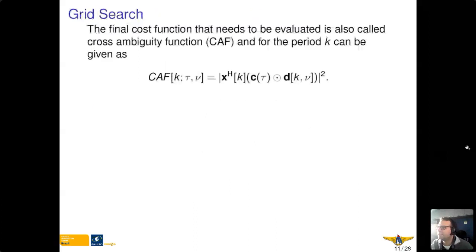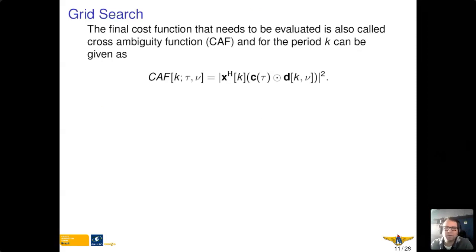So how can we do this? We have to perform here a grid search. The final cost function that needs to be evaluated is also called cross ambiguity function. You can also find this in signal processing for radar systems. They have the same problem. Radar is trying to estimate Doppler and time delay of a received signal as well.